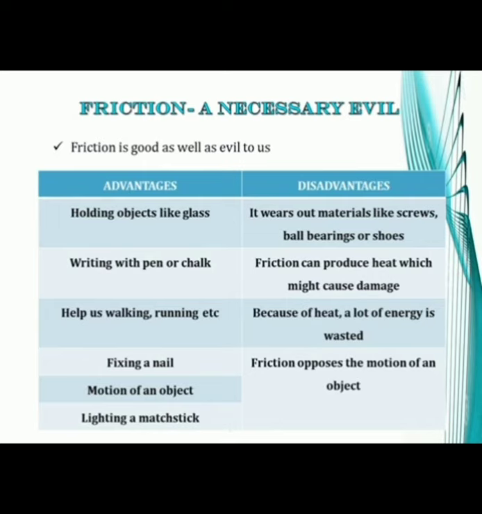Next one, helps us in walking or running. If you want to move from one place to another, without friction you can't move, because while your legs are moving, the friction keeps your legs gripping the surface.